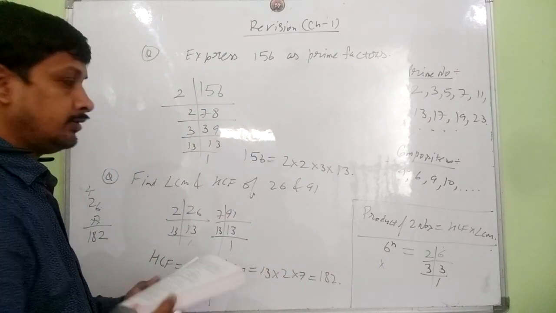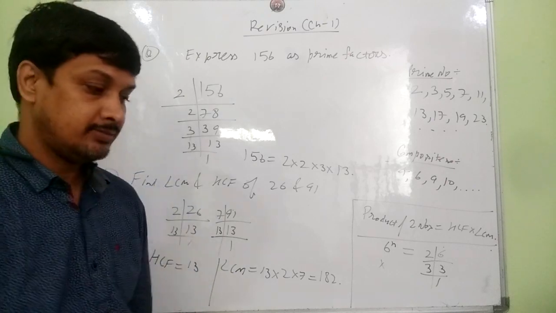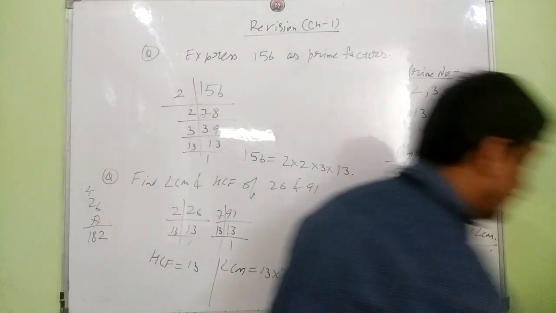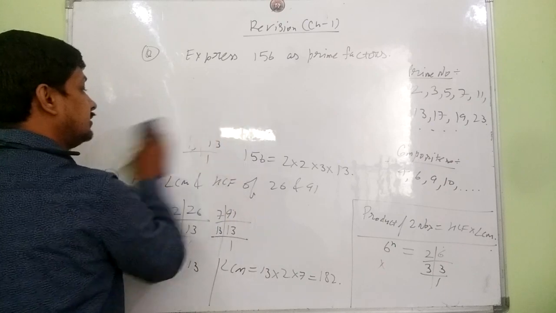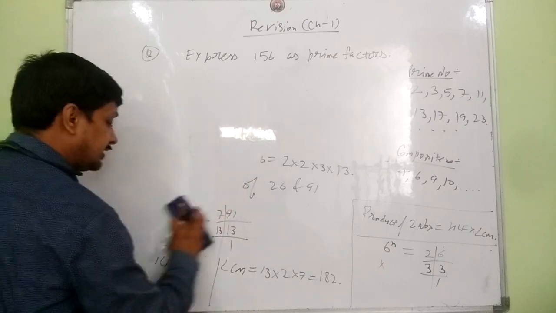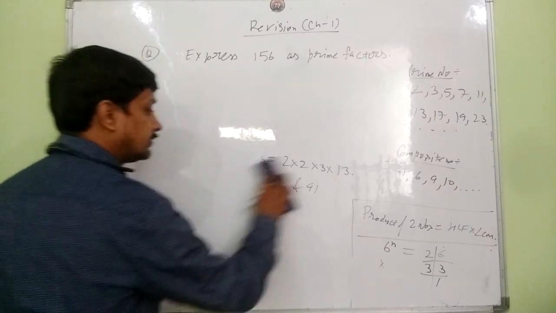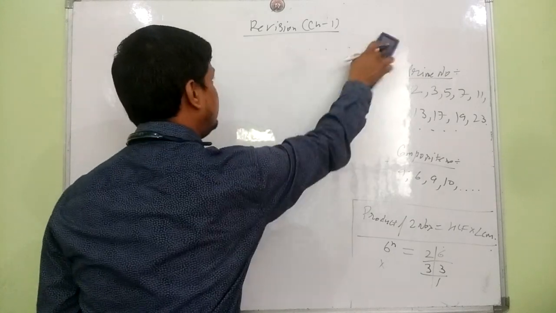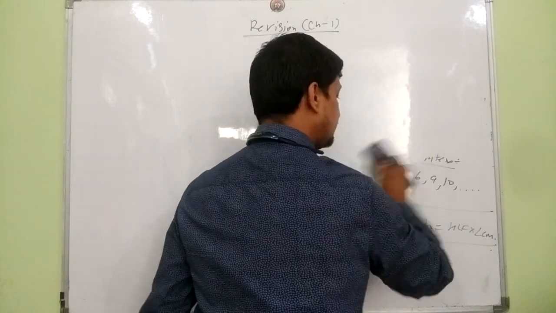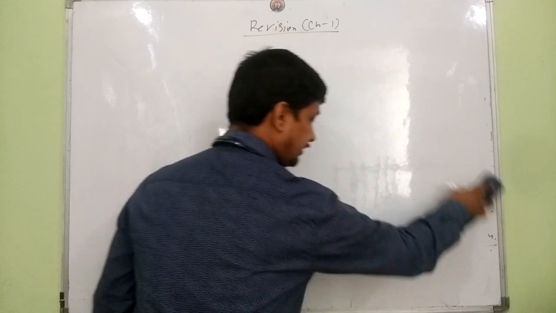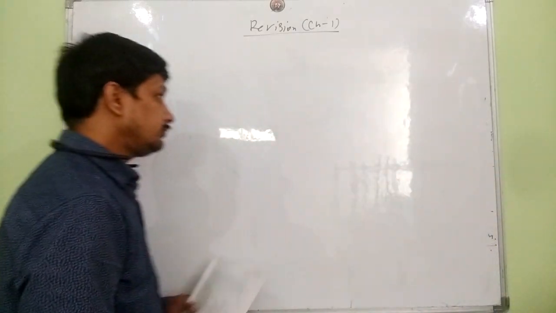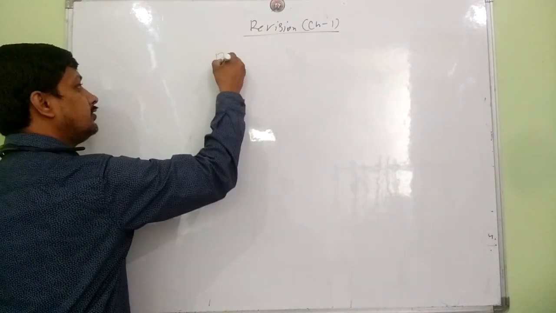Okay, then some things can also be asked from the previous class, that is from 9th class, about rational numbers, irrational numbers, and their decimal expansions. So I'm just revising for you.